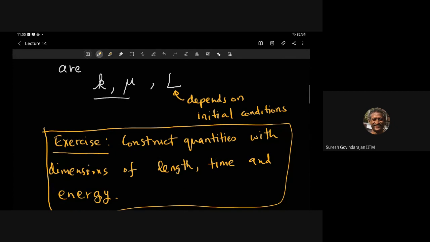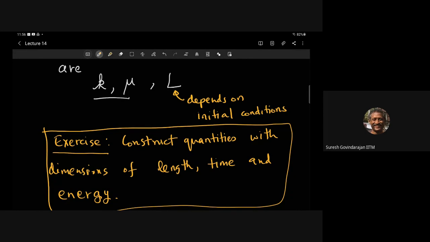So for instance, you can look at the energy of the hydrogen atom, which is the Rydberg. The Rydberg is some complicated formula, but it's very easy to see: if you take K to be e squared upon 4 pi epsilon naught, and mu to be the mass of the electron, and h bar, and you ask for dimensions, you'll find that without any deep understanding, you get something which has the dimensions of energy. And the answer is unique.